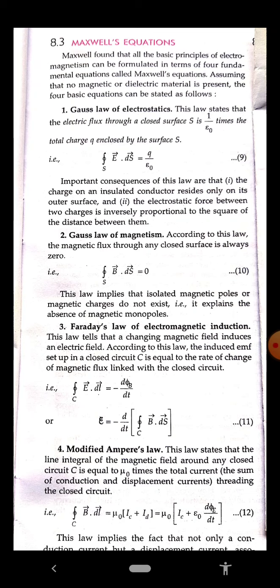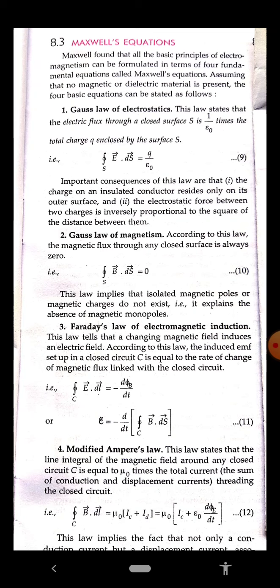Initially it was only simple current, that was conduction current, but now total current is the sum of the conduction and the displacement current that is passing through the given closed circuit. So B dot dl over the given closed circuit is given by mu naught within bracket the sum of conduction current plus the sum of displacement current.